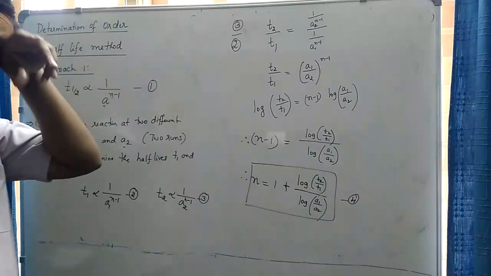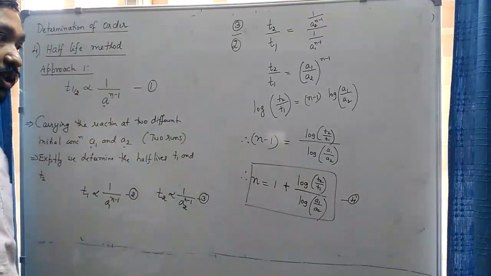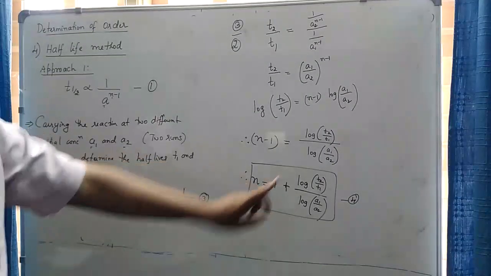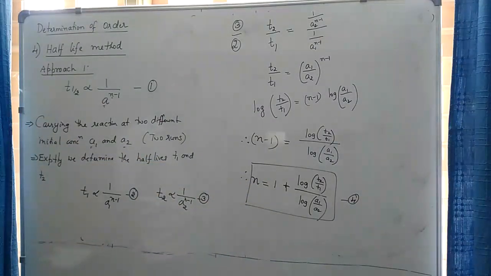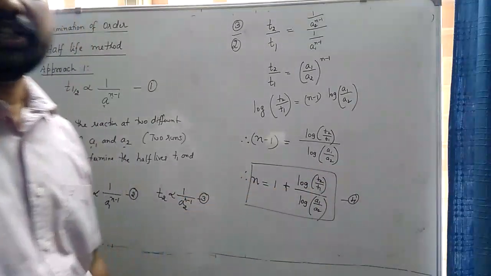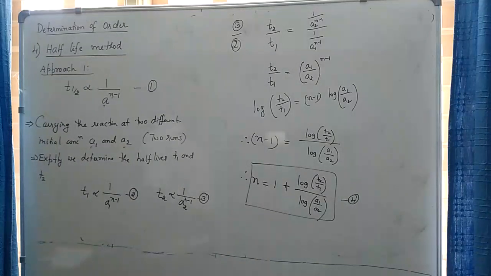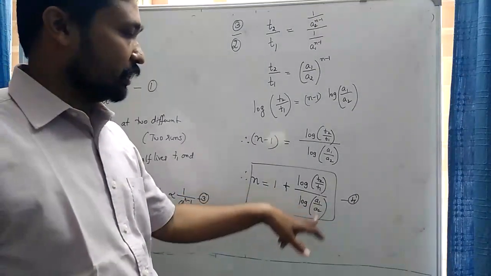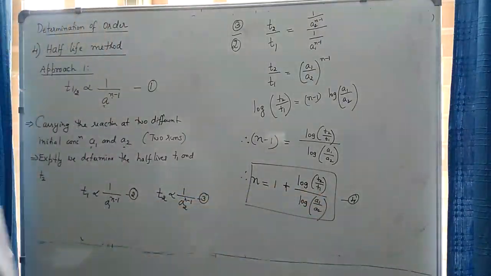Whether the reaction is of fractional order or integral order, you can calculate the order by using this equation. So the only data you need to find out the order is the values of half-life T1 and T2. Once determined experimentally, you can find out the order of the reaction because the values of A1 and A2, the initial concentrations of the reactants, are already known to you.